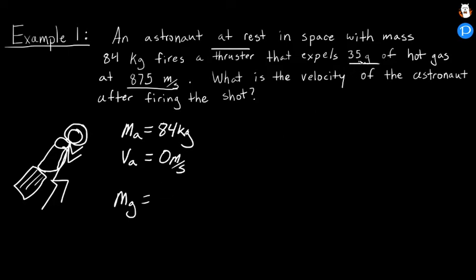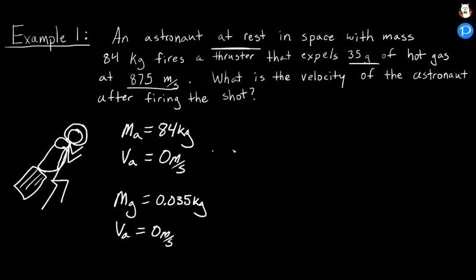We're going to convert that to kilograms right off the bat, so 0.035 kilograms. And the initial velocity would also be 0, because they're both going to be at rest at the beginning, so 0 meters per second. Okay?